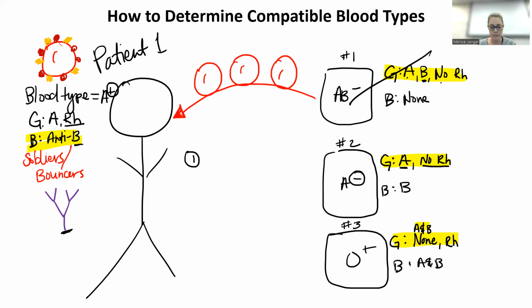What did I do? So number one, we're going to check here the antigen of the donor and the patient antibody. Those are going to be different.